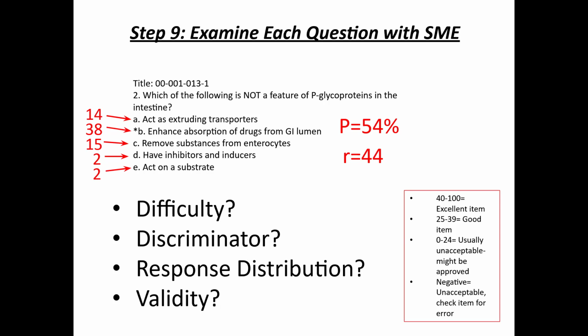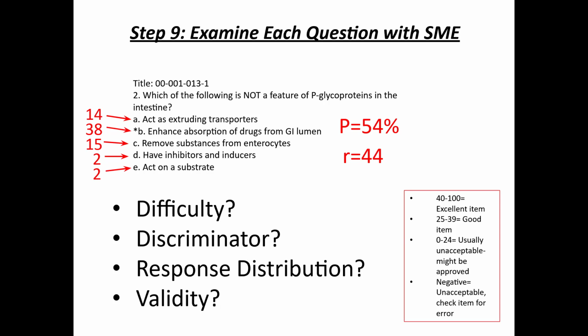It is nice to look at the response distribution, not as necessary in this particular question, but it's nice to have it because you might want to use this to rewrite the question in the future. So you can see that 38 of the students chose the right answer. Of the students who didn't choose the right answer, those kind of accumulated around A and C with much fewer choosing D and E.